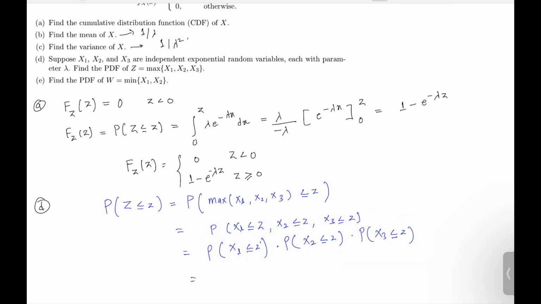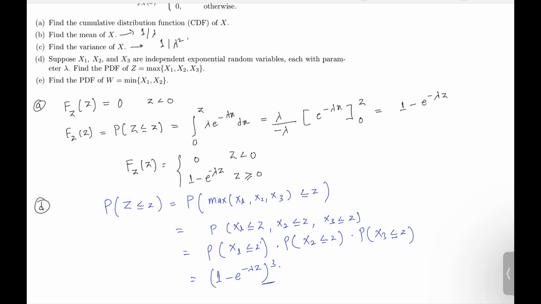We know the CDF of each exponential random variable, so we can write this as (1 minus e to the power minus lambda z) to the power 3, right? Once we have this, we have got the CDF of this random variable Z.